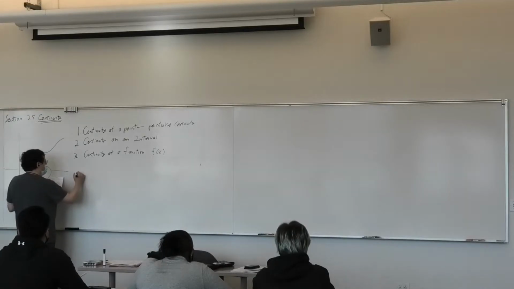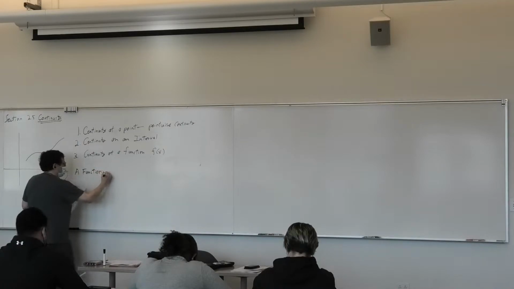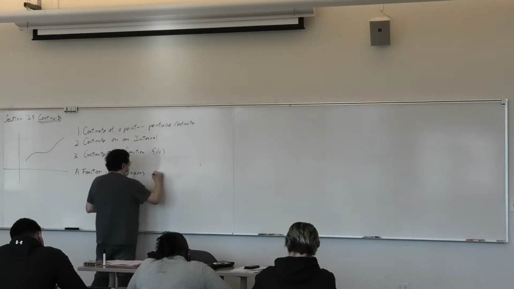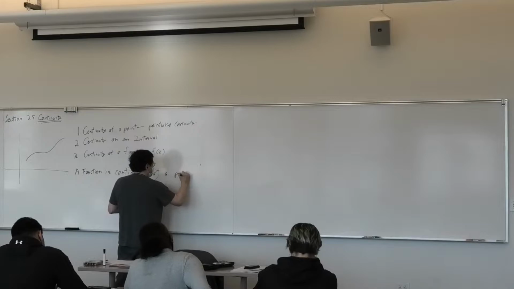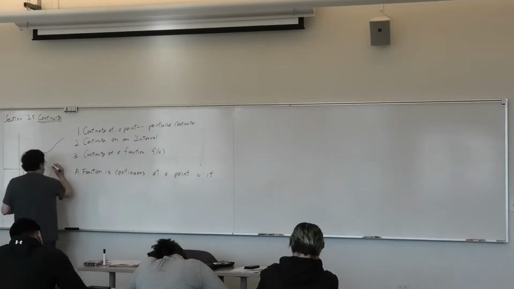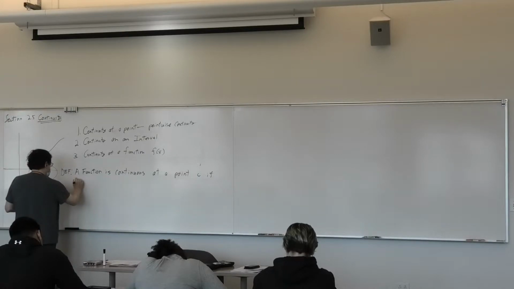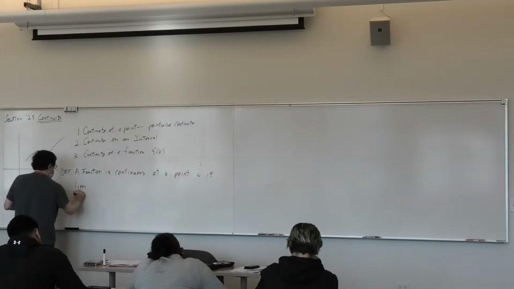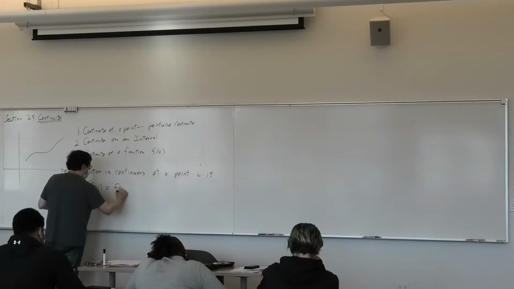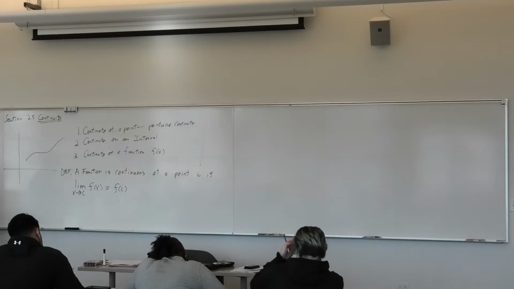We say a function is continuous at a point C if, and this is a definition, I guess I should specify, if the limit as x approaches C of f of x equals f of C, the value of the function at C. See that?